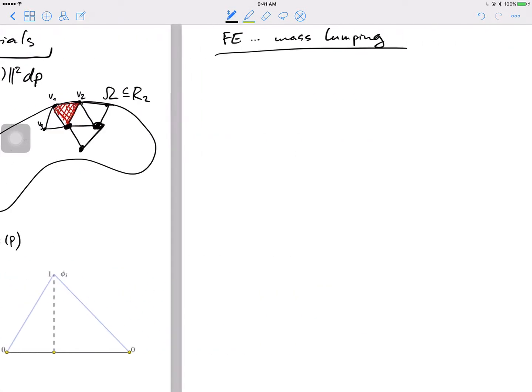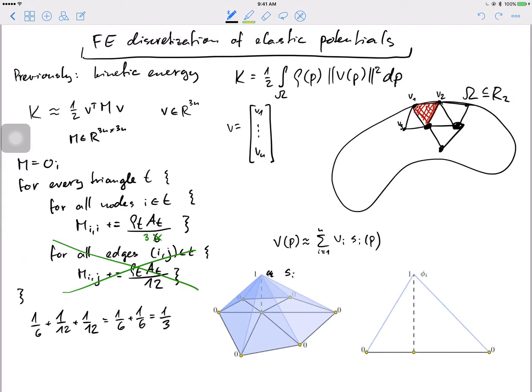So can we do the same trick for the velocities? Can we make it simpler, basically? Can we, instead of these piecewise linear shape functions, use piecewise constant shape functions? And the answer is yes, and if you do it right, you will get exactly the lumped mass matrix.